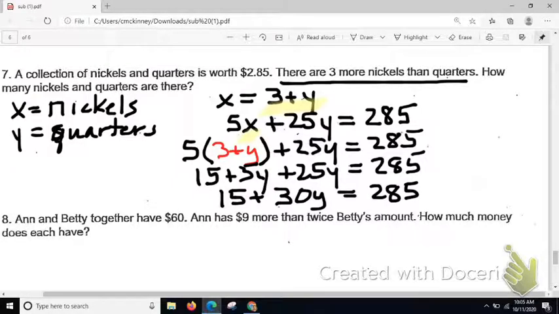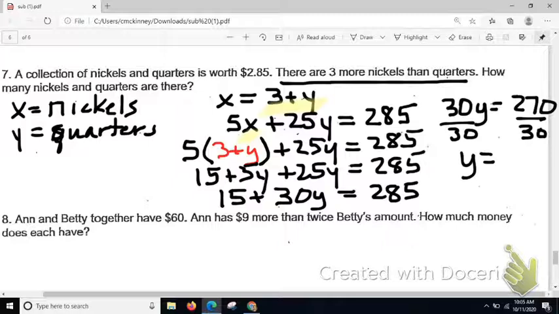Subtract 15 on both sides. This time I'm going to remember to subtract 15 from 285, 270. Divide by 30. And I got y is 9.